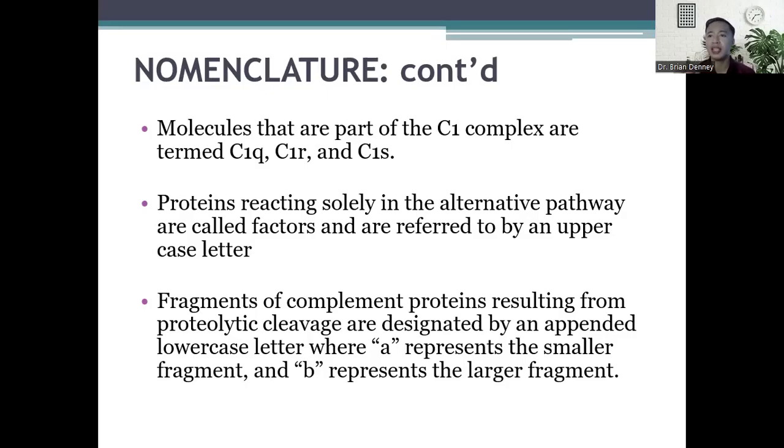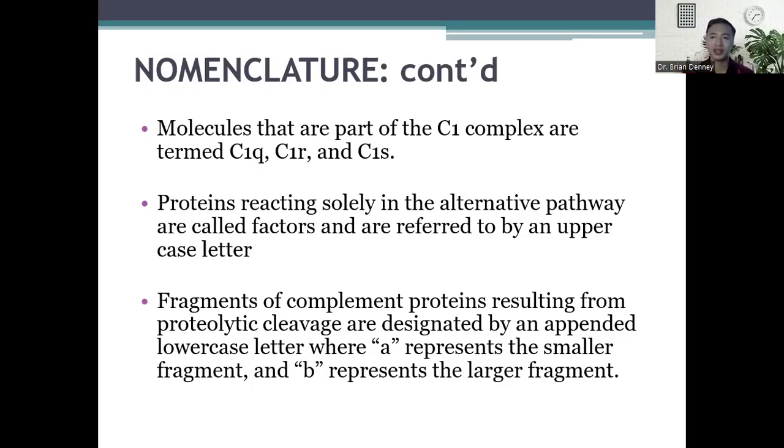So which of these two fragments, C2A or C2B, participates in the complement activation process? 5 seconds to answer. The larger fragment, which is C2A. Again, that is the exception.